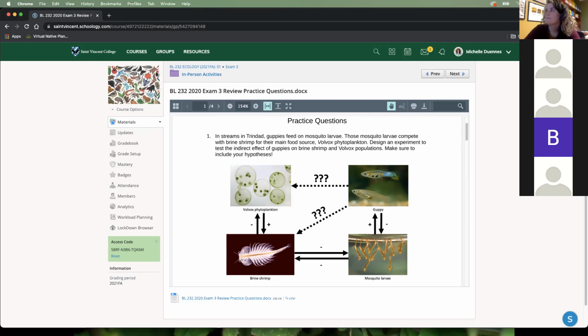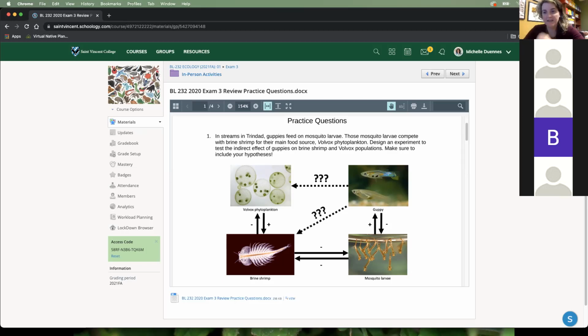And then we could see if the guppies eat more of the mosquito larvae, what would happen to the brine shrimp population and the volvox population? And then we could also do one with no guppies and see how the brine shrimp population and the volvox population get affected.